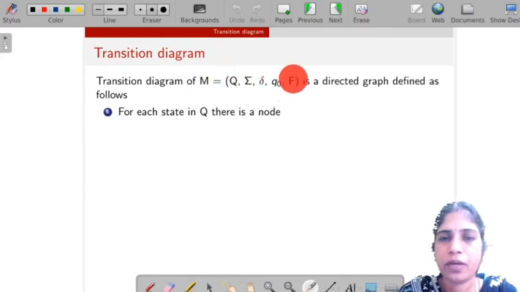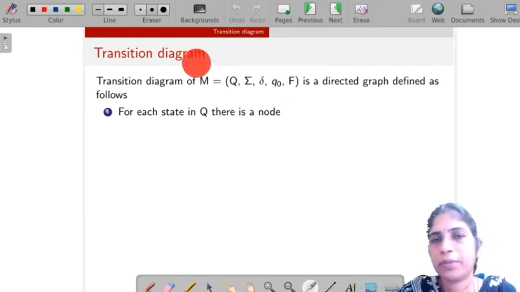Suppose we have a finite automata M equal to (Q, sigma, delta, q0, F). How can we represent this finite automata using transition diagram? Transition diagram is actually a directed graph. So graph means it has number of vertices and edges. So vertex of the graph is the states in the given automata.